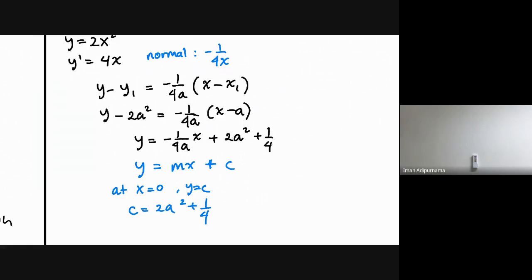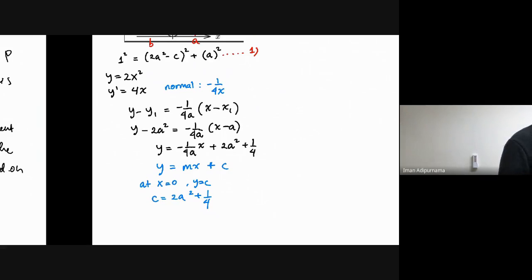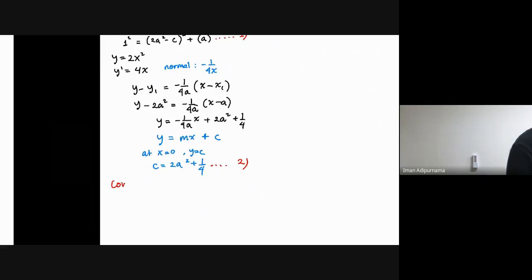So you get point C from the equations. But we still have a in the equations, right? So let's write this as our equation 2. So we have 2 equations. The first is the distance equation, and the second one is the linear equation at (0, C). And we can combine these two. So combine 1 and 2.